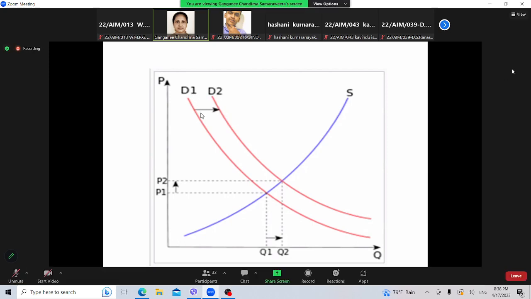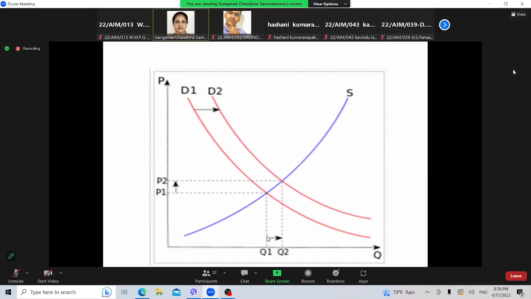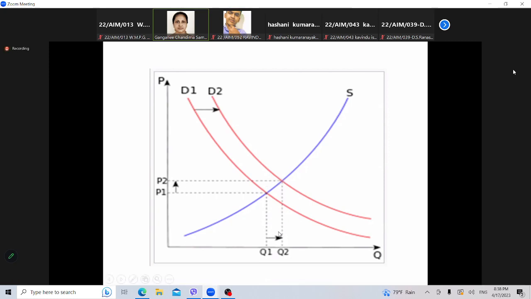Demand shifts from here to here. If under price P1 the demand is Q1, but when the price rises to P2, the demand also rises to Q2. That is an inferior good.